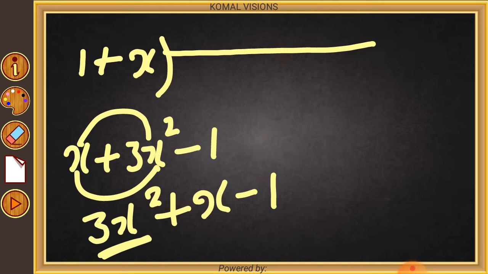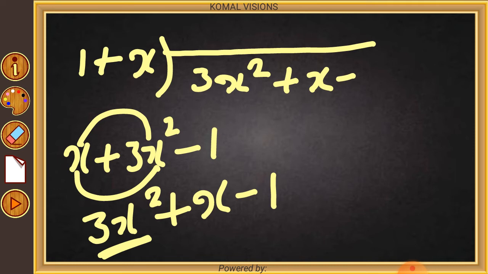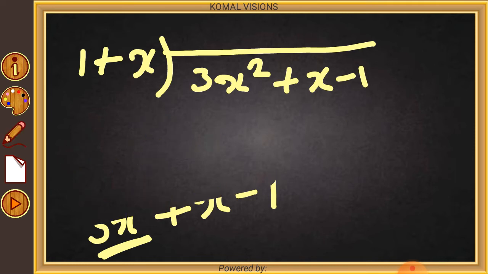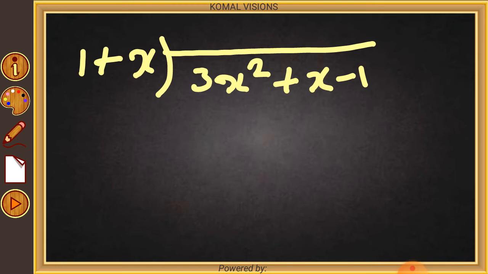That is why I just reversed the terms, so that the expression becomes 3x square plus x minus 1. Is it okay? Now I want to find the remainder and quotient for this.